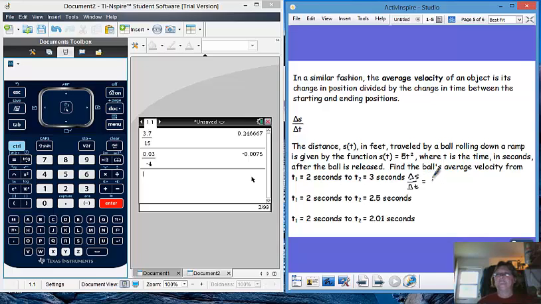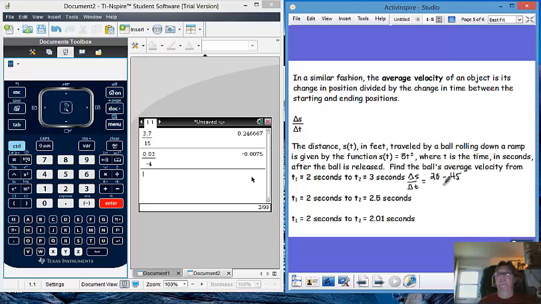And I'm going to say at 2 seconds, I put that in for t into the distance function. 2 squared is 4, and 4 times 5 is 20. So at 2 seconds, the position of this thing is 20 feet away from its point of release. At 3 seconds, which is our second time period here, that ball has gone 3 squared, 9 times 5, 45.